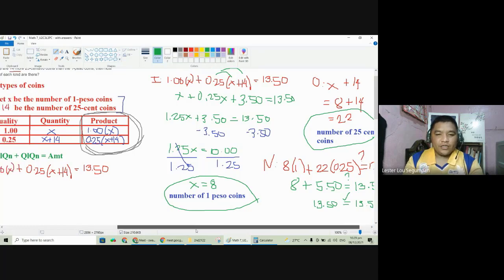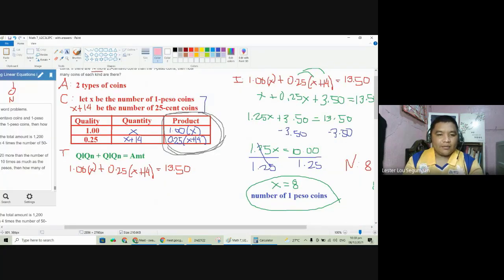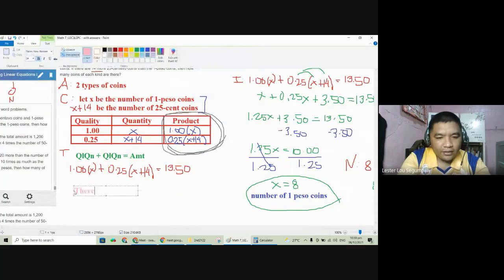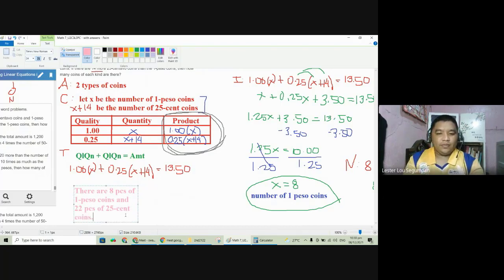To finish, you could simply add the statement that there are 8 pieces of 1 peso coin and 22 pieces of 25 centavo coins. This now answers the problem.